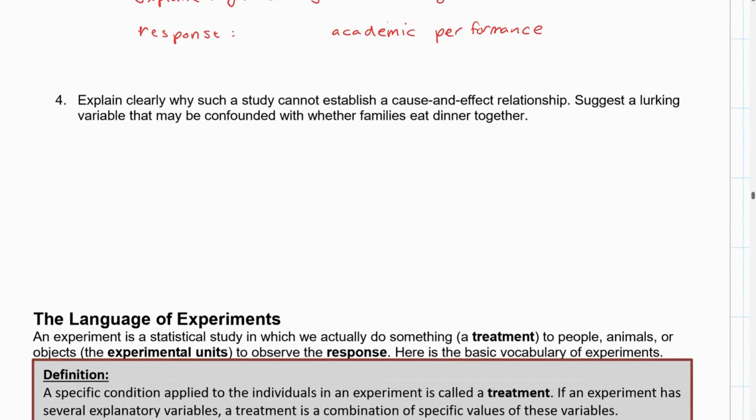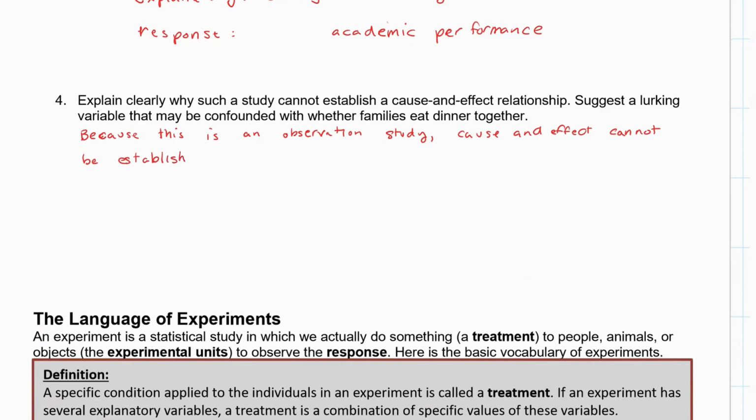First of all, we're going to state clearly, because this is an observational study, cause and effect cannot be established. Okay, first and foremost. Now let's talk about why that is in this particular instance.